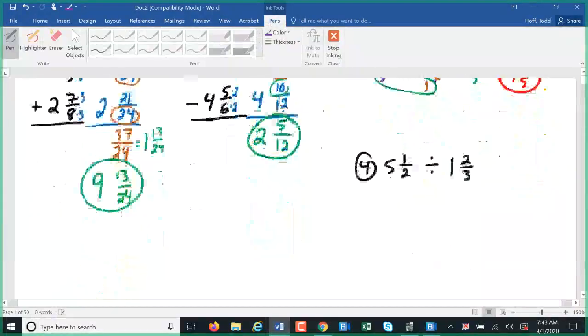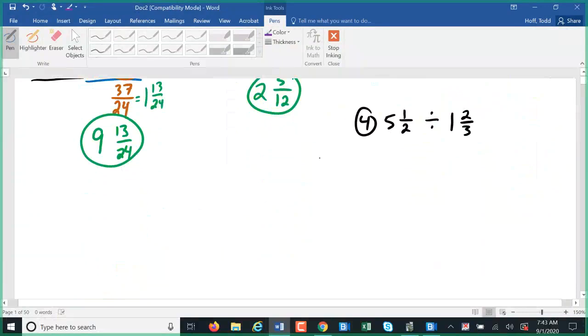Okay, number 4. Again, just like with multiplication, actually we're going to turn division into multiplication, so it makes sense that we start out with that same first step. 5 1/2 becomes how many halves? 11. There we go.